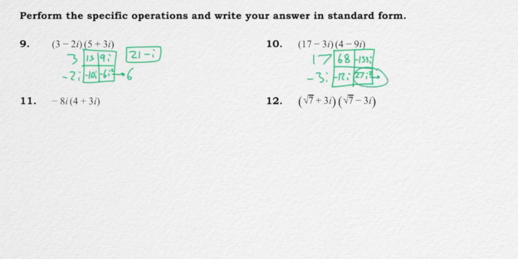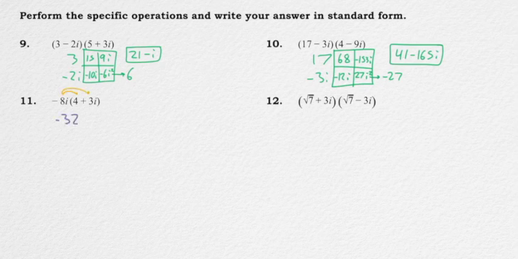So that last box is really negative 27, and when I combine that with the 68, I get 41, and now I just have to combine these i terms together. So that would be negative 165i.